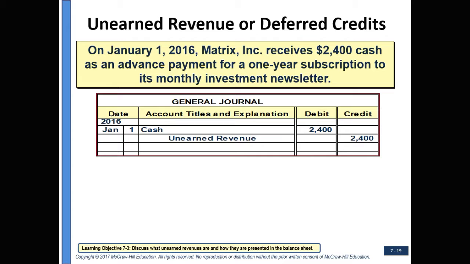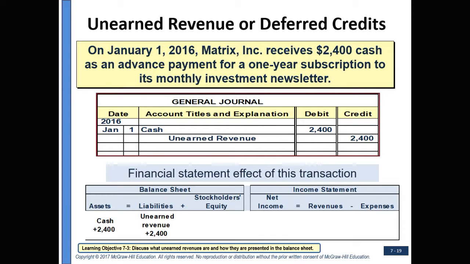So to recognize that, Matrix prepares this journal entry on January 1st, 2016. They debit the cash for the $2,400 that's received, and then they credit a liability account called Unearned Revenue for $2,400. Both assets and liabilities are increasing on the horizontal model.